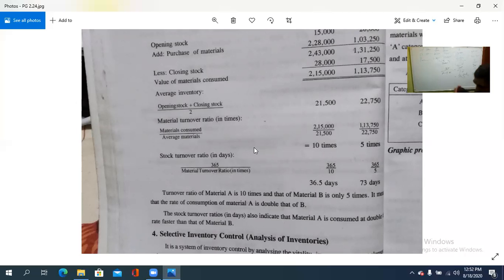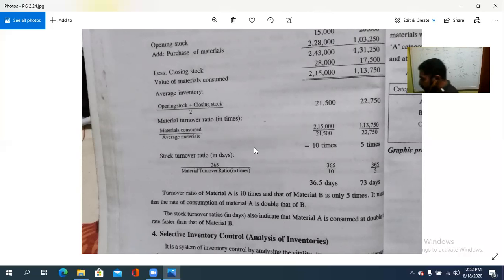That is the economic order quantity, or reorder quantity. The second is maintaining stock levels: minimum level, maximum level, and in between the average stock level or reorder level. Average stock level means minimum plus maximum by 2, normal consumption.